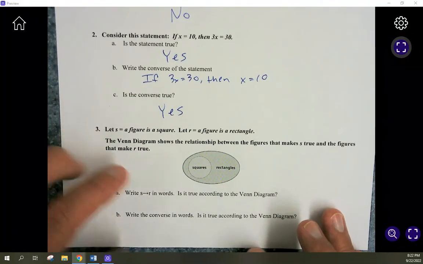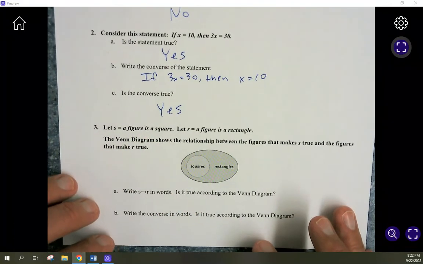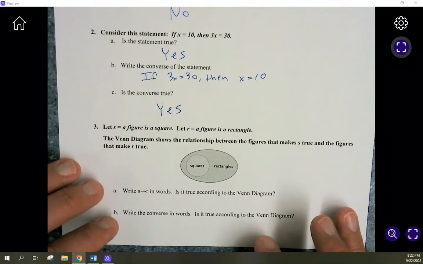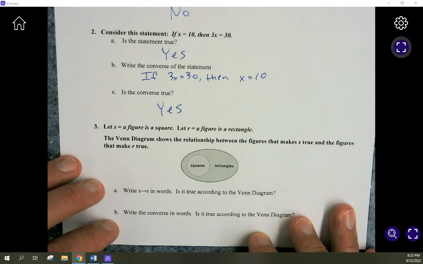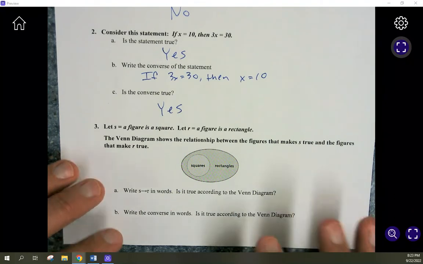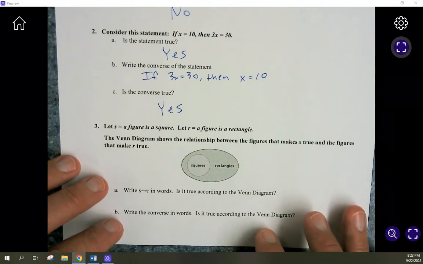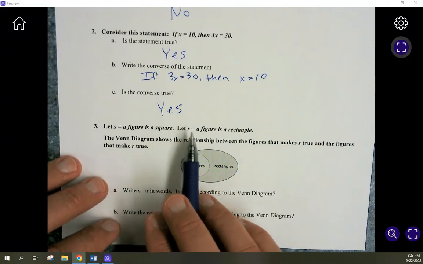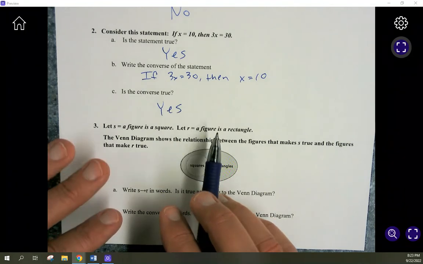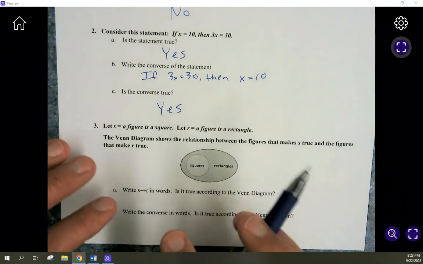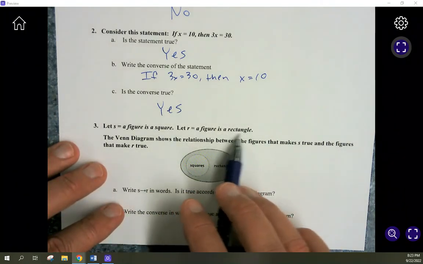And number 3, let's relate this now to our Venn diagrams. Let S equal a figure is a square, and let R equal a figure is a rectangle. So squares and rectangles are related. Both of them are four-sided polygons. Both of them have 4 90-degree angles. That's what makes it a rectangle.